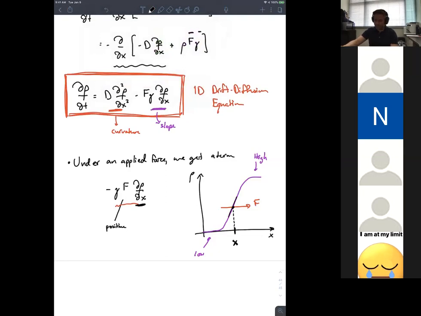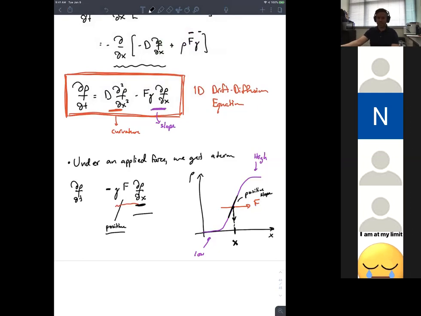The slope at this point is positive. We have a positive force being applied and a positive slope of our concentration profile. Because of this minus sign, the change in the concentration profile with respect to time is going to be negative. So we expect the concentration at this point to go down.